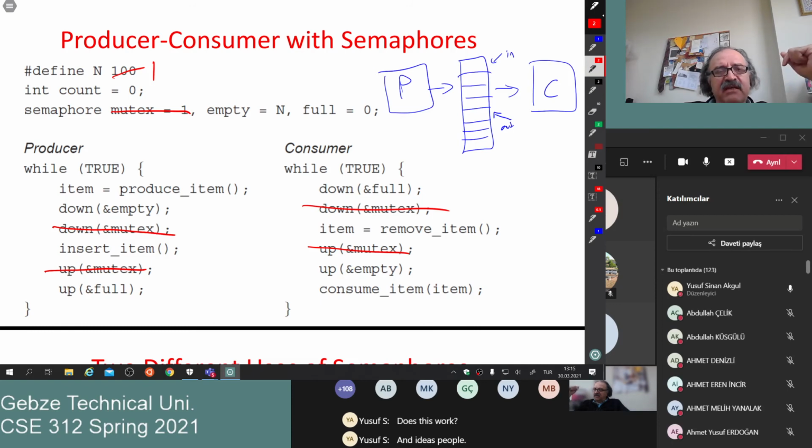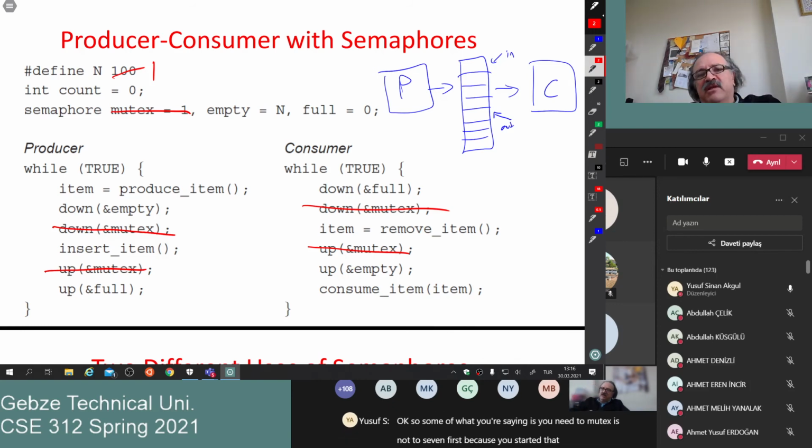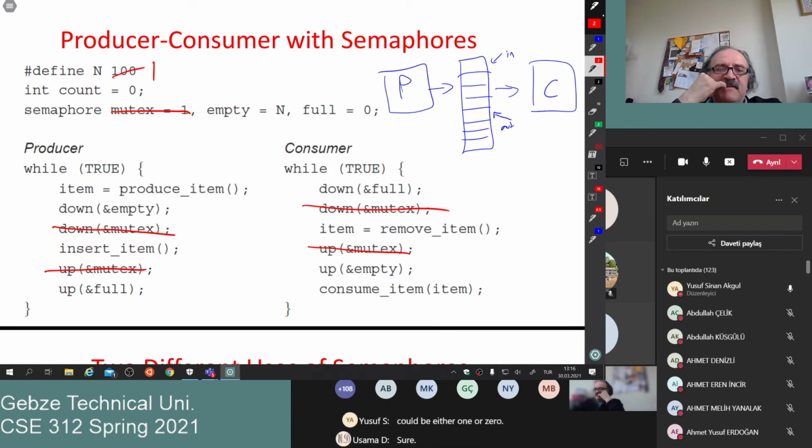So it looks like I am using this empty and full as mutual exclusion. Okay, so Usama, what you are saying is you need two mutexes, not two semaphores, because you started them with one. They could be either one or zero. Right?